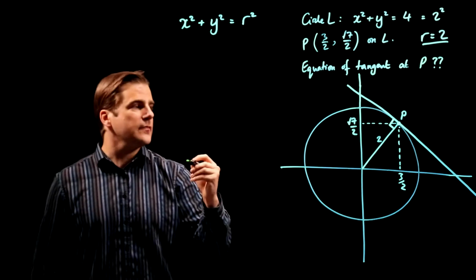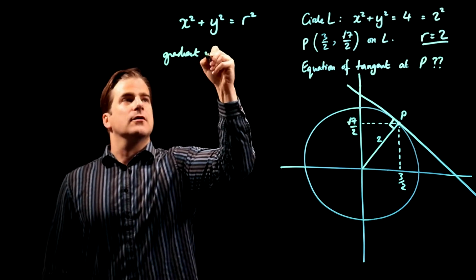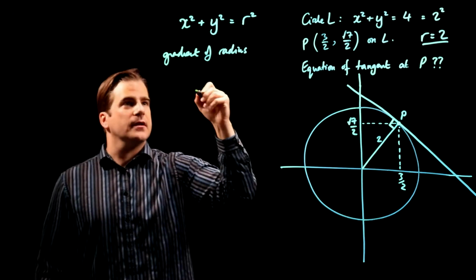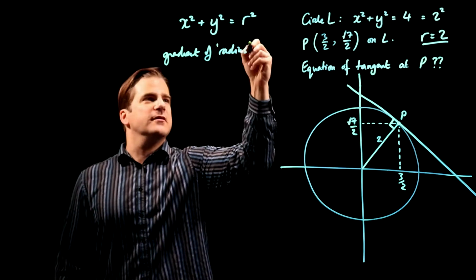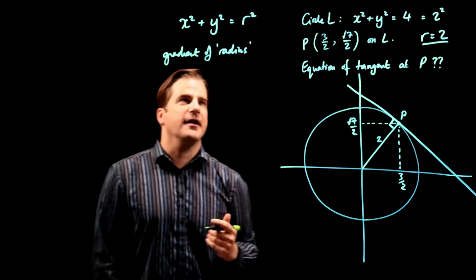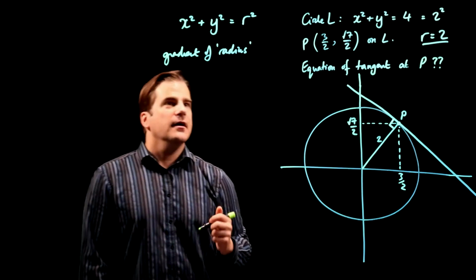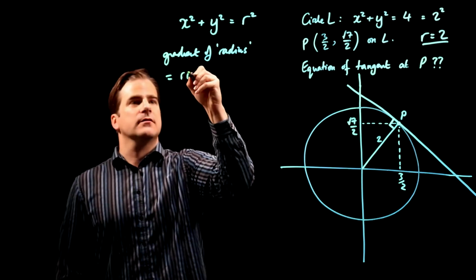So, gradient of the radius, I'll put that in inverted commas, the radius line, is rise over run.